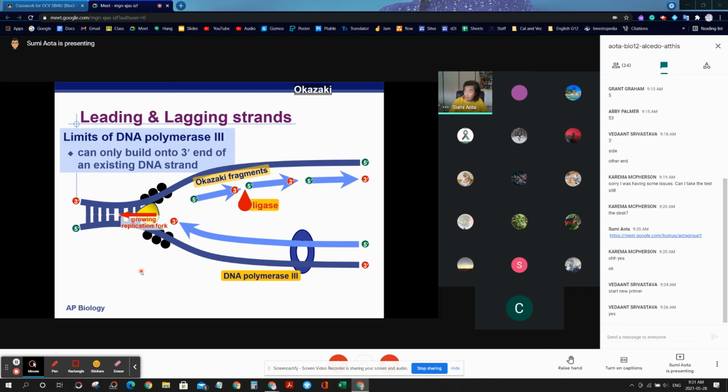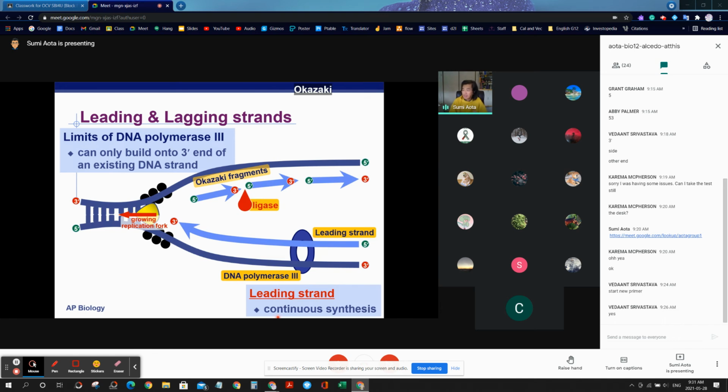So that's Okazaki. The gaps between each Okazaki fragment, where the covalent bond in the sugar phosphate backbone is missing, will be filled in by ligase. This side, which is built as one long continuous strand, is called the leading strand.